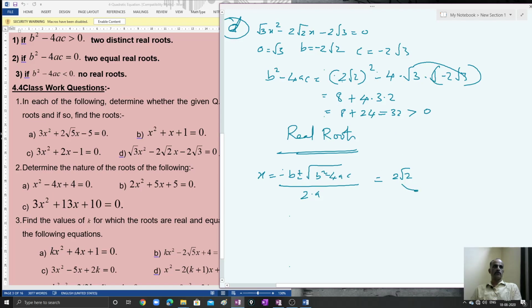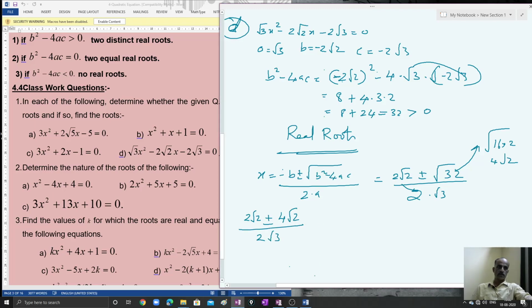So 2 root 2 plus or minus root of 32, which is root of 16 into 2, so 4 root 2, divided by 2 root 3.